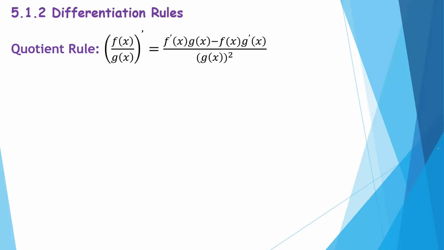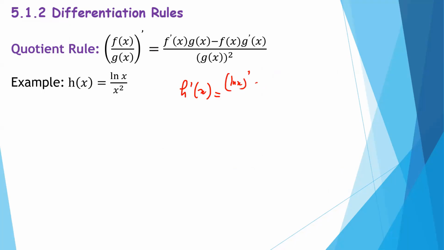We have the quotient rule, the derivative of a quotient. This is the formula: f prime g minus f g prime, divided by g squared. So this is an example. What is the derivative of h? It's the derivative of ln times x squared, minus ln times the derivative of x squared, divided by x squared all squared.